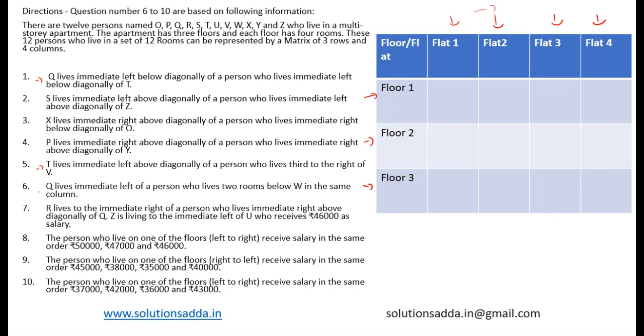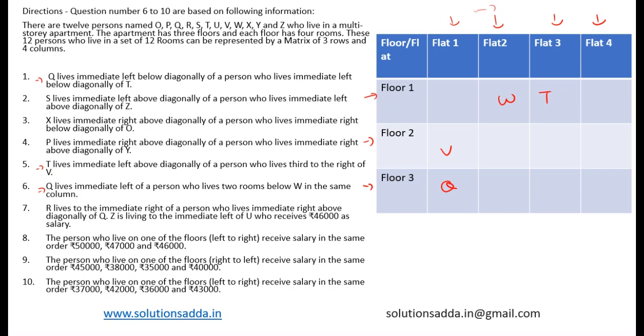Now based on these 3 points, let's try to place the persons. We can place the person Q here, V here, W here, and T here. So Q lives immediate left of a person who lives 2 rooms below W in the same column.